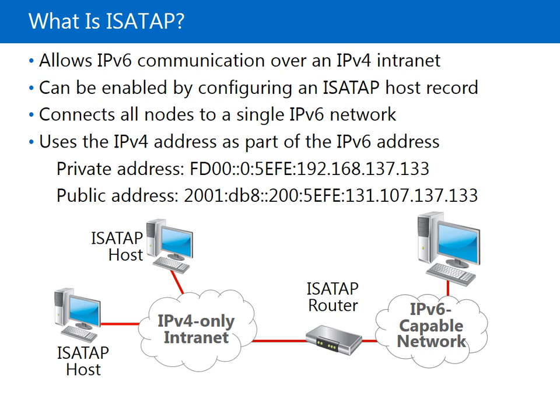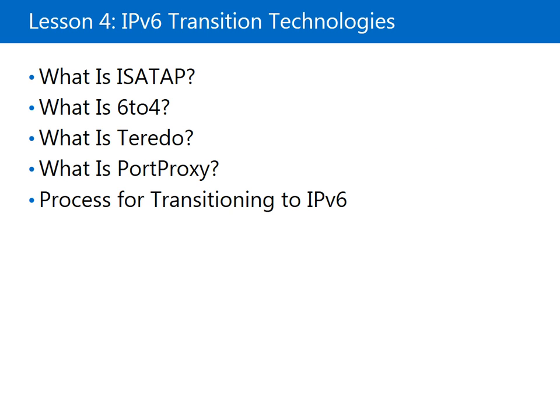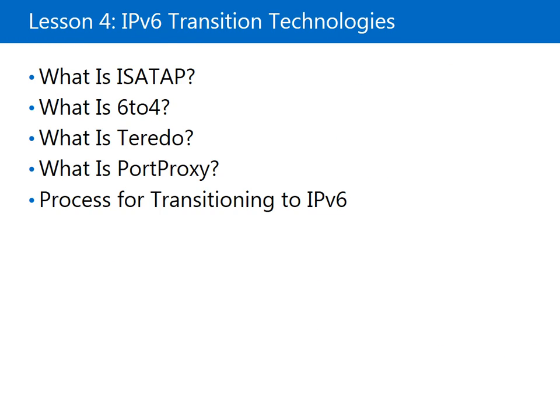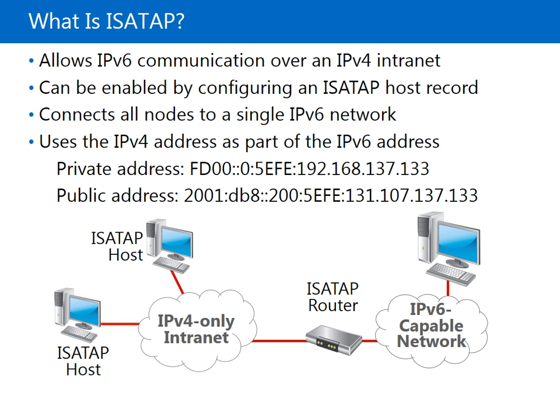When it goes through and deals with ISATAP, based on that header information, it's going to know what protocol it's using and therefore talk to it. So with ISATAP, we have our ISATAP host, IP6, going through the IP4-only intranet. The router is then going to take that particular communication, that host record, and pass it on.